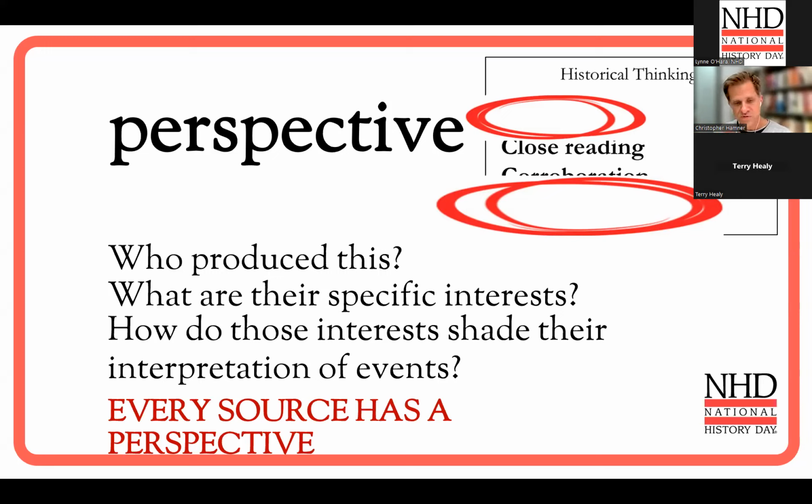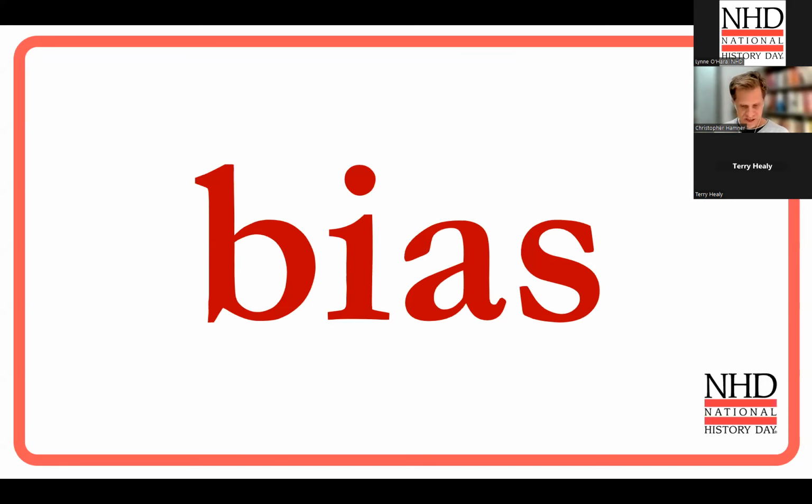One of the things that I really emphasize with students and teachers that I work with is that every source has a perspective. And I think that's really critical because a concept that comes up a lot when I'm teaching is the idea of bias. A lot of my undergraduate students in particular are very keenly attuned to what they perceive as bias in sources.